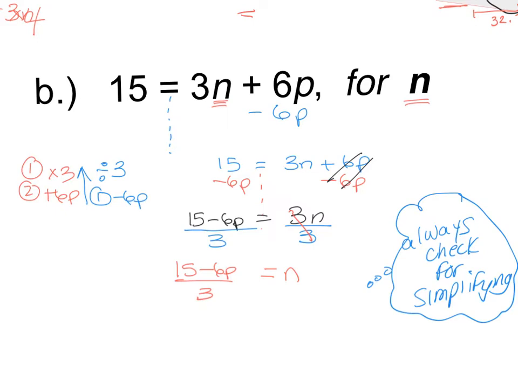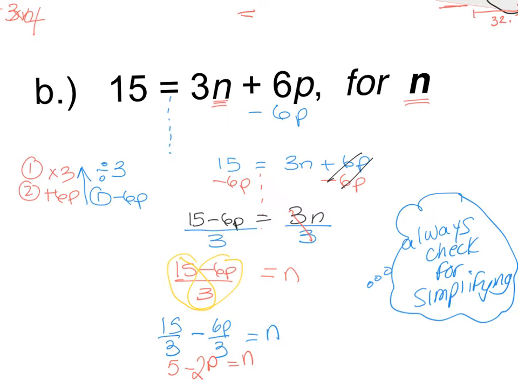So as we will learn a little bit later on, if I expand this out, this is the same thing as 15 over 3 minus 6p over 3. That is equal to n. And 15 divided by 3 is 5. 6 divided by 3 is 2 with the p there, equals n.